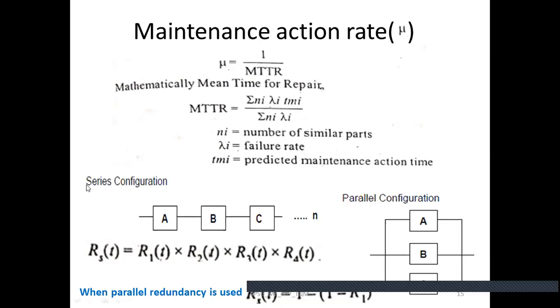Now here you can see this is the series configuration. If the systems are arranged in series like A, B and C up to the N system.